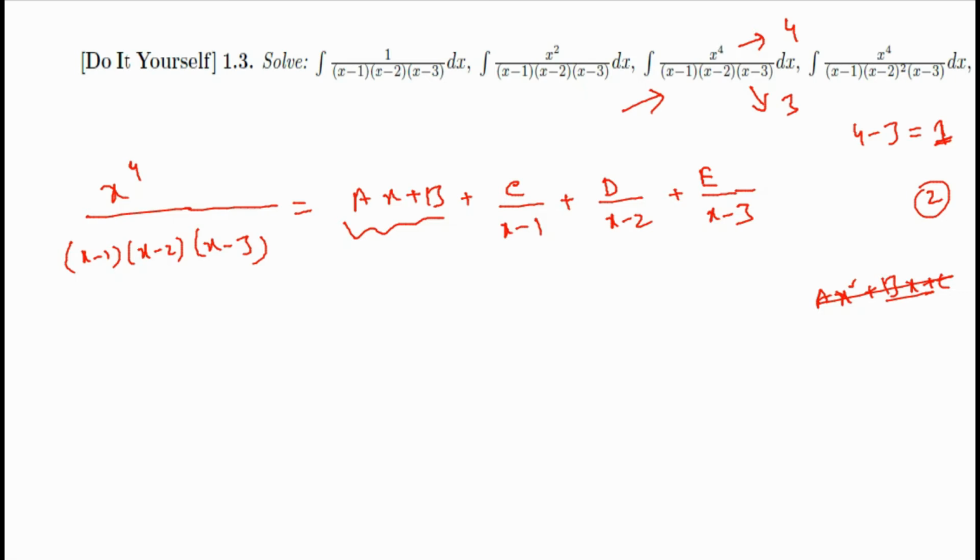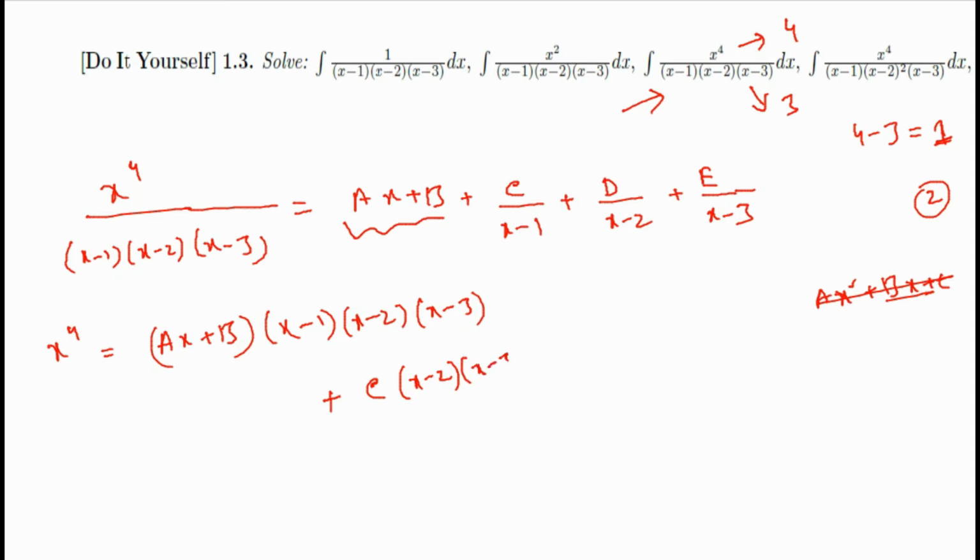Again I will multiply this: x power 4 equals (ax plus b) into (x minus 1)(x minus 2)(x minus 3), plus c into (x minus 2)(x minus 3), plus d into (x minus 1)(x minus 3), plus e into (x minus 1)(x minus 2).